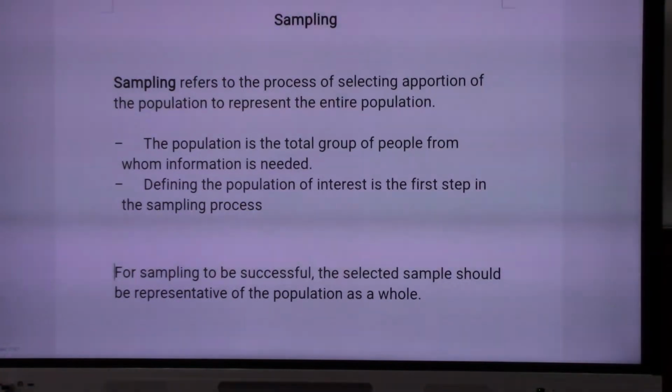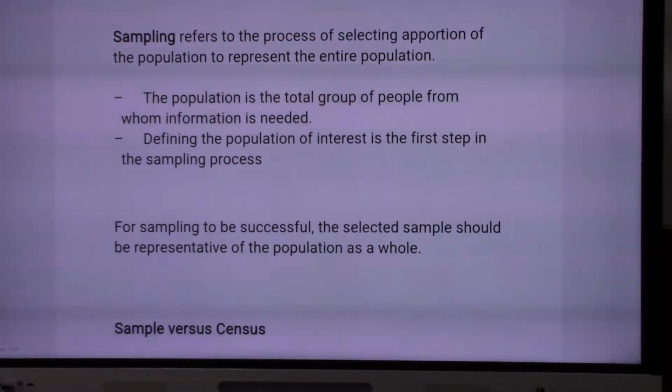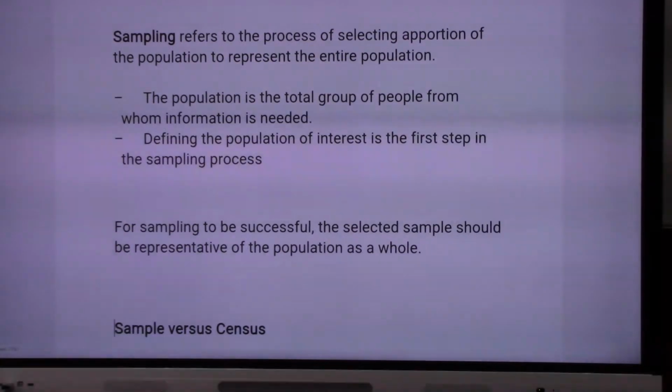So we must consider the suitable size of the sample. In general, a large sample size usually provides better representation than a small sample size. It is more representative in terms of characteristics of the population and in terms of opinions and attitudes of the whole population.